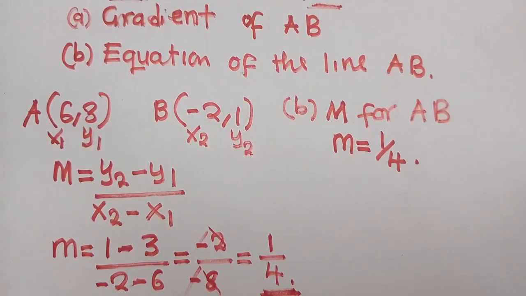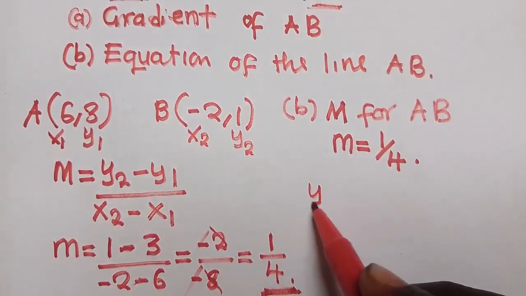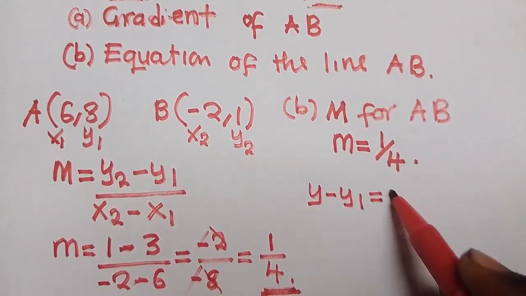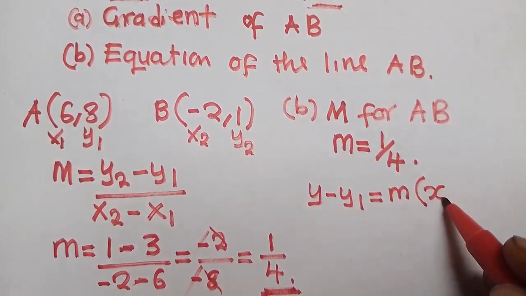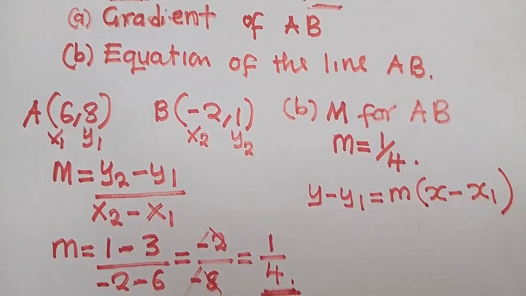Then the next thing that you need to ask yourself, do you know the equation for all straight lines? The answer is yes. So you say y minus y1 is equal to m open bracket x minus x1. This is the equation for all straight lines.